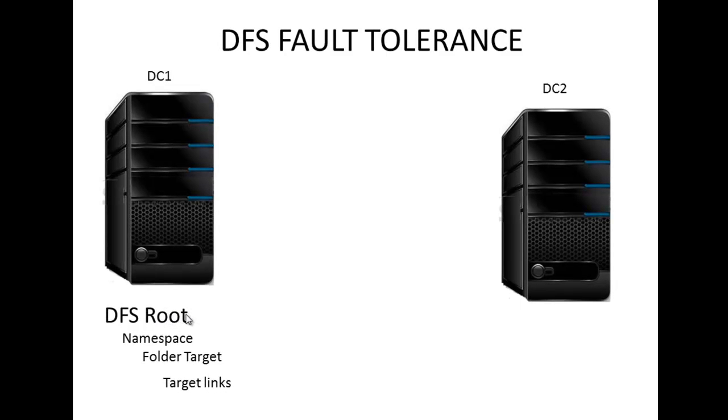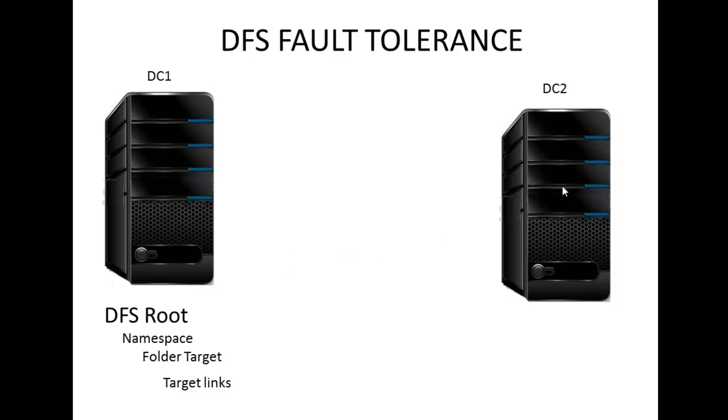And within that DFS root is where the namespace will be saved. Once we have our namespace, we can create the folder target on the namespace, and then we will proceed to add the links to the shared folders on other servers on the network.